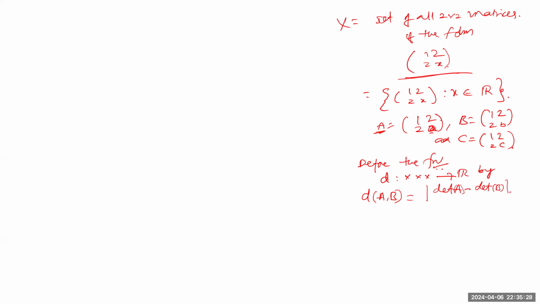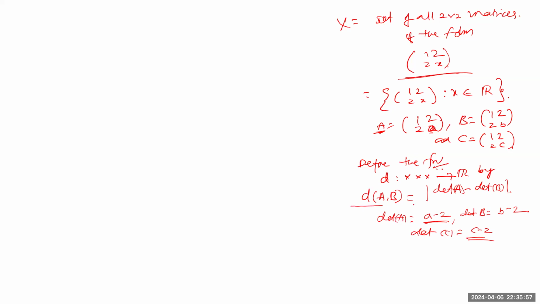So what is the determinant of A? Determinant of A is simply a minus 2. Similarly, determinant of B is b minus 2, determinant of C is c minus 2, like that.